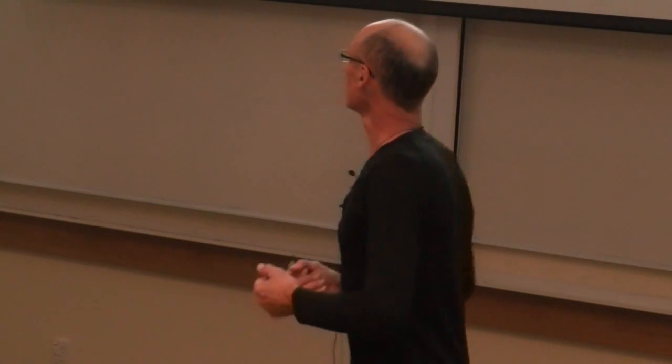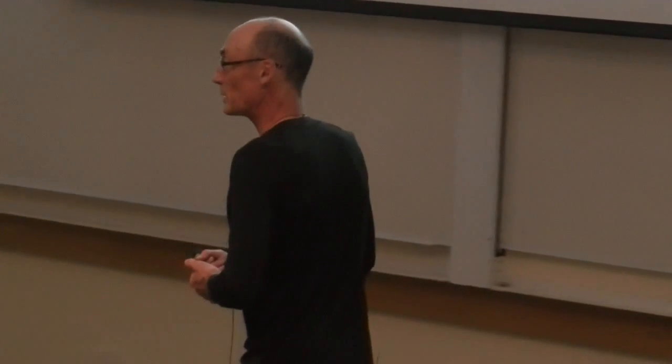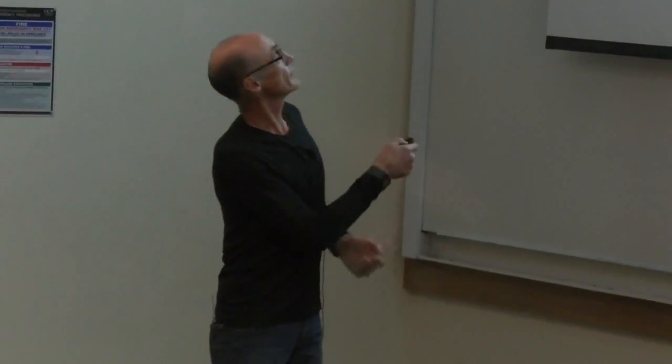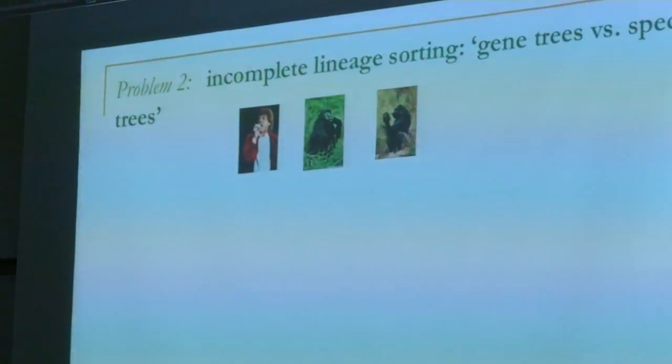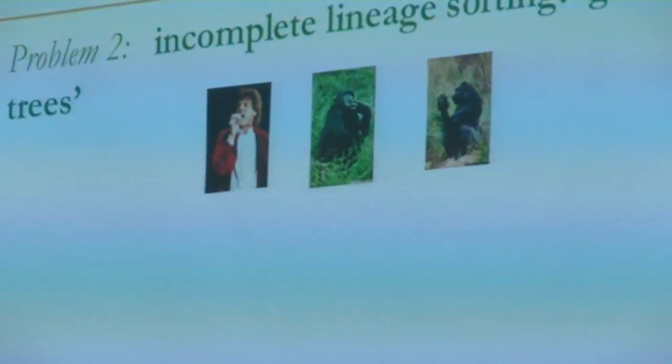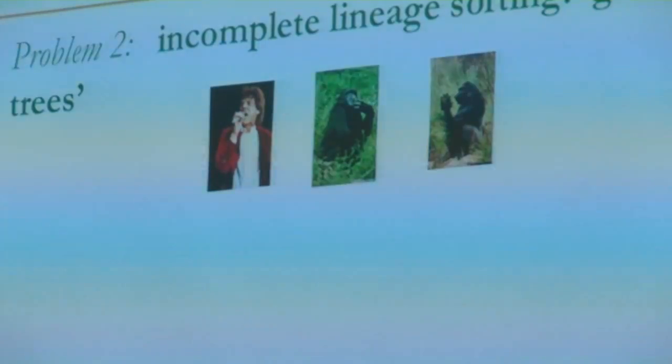The next one is called incomplete lineage sorting, and it illustrates the difference between a species tree and a gene tree. So suppose we take these three species, human, chimpanzee and gorilla. When I was doing my PhD, biologists were still debating vigorously what the relationship was between these three.